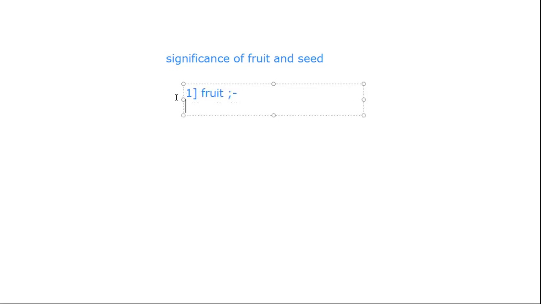the first significance is that the fruit provides nourishment to the developing seed. What is the meaning of that?